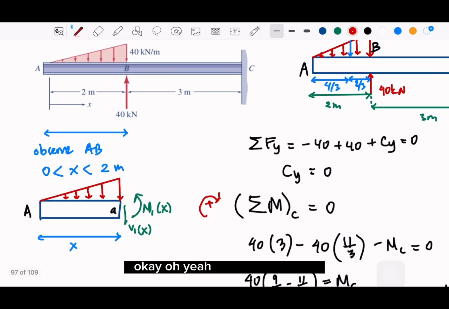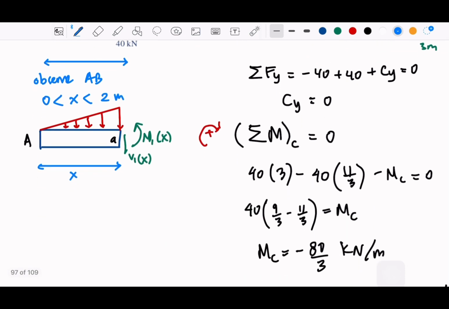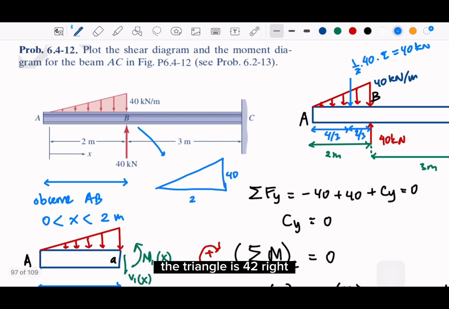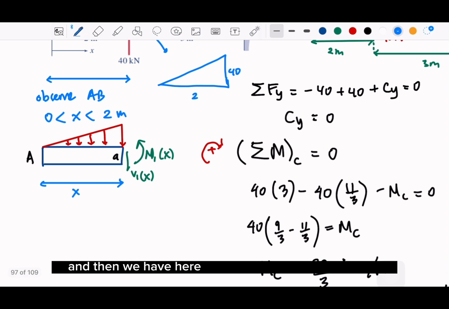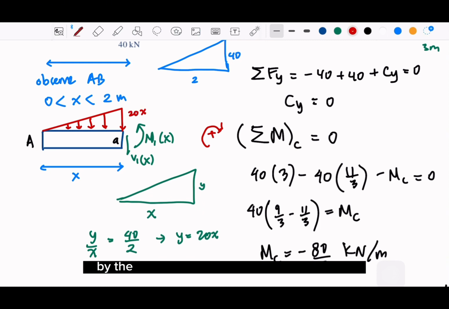Oh yeah, if we take the ratio, for this triangle it is 40 over 2, and then we have here X and let's say Y. So Y over X is equal to 40/2, so Y is 20X. Okay, so this will be 20X, by the ratio of these two triangles, right?